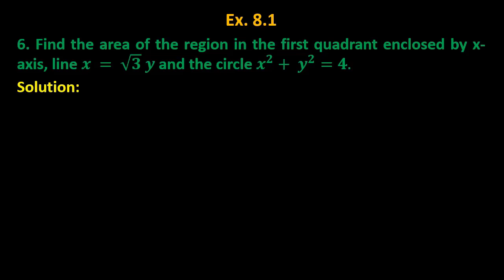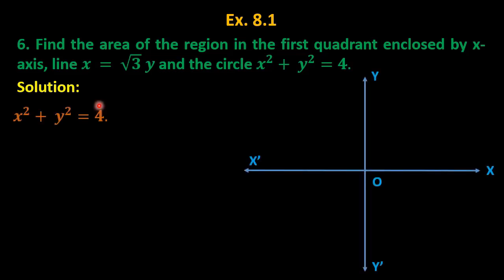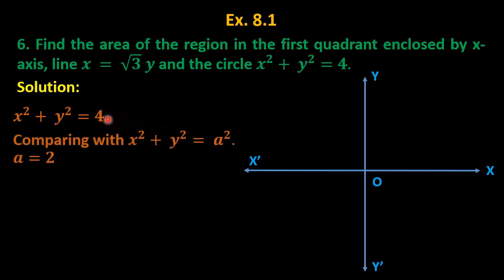The first thing we have to do here is plot the circle and the line on the graph. Comparing with the general form of the equation x square plus y square equals a square, this 4 can be written as 2 square, so the value of a will be 2. This a is nothing but the radius of the circle.